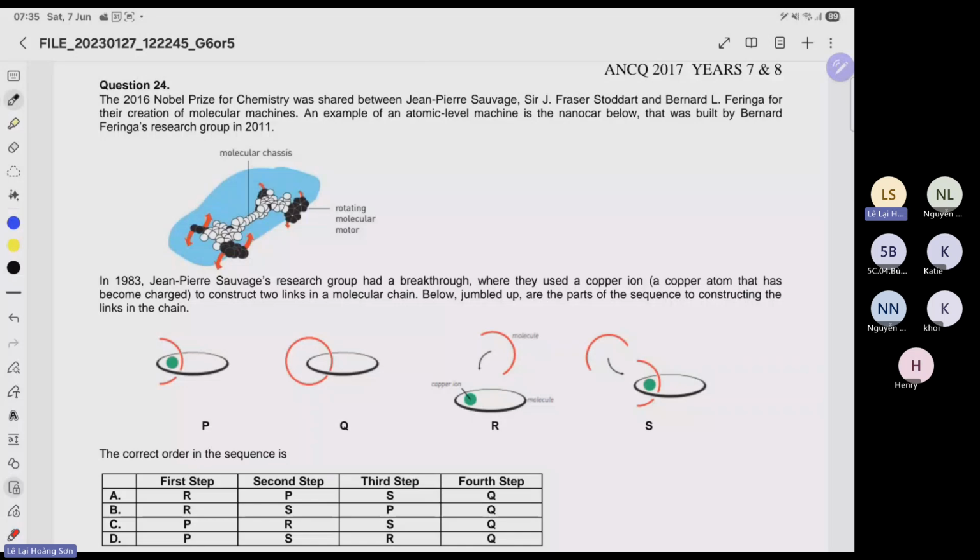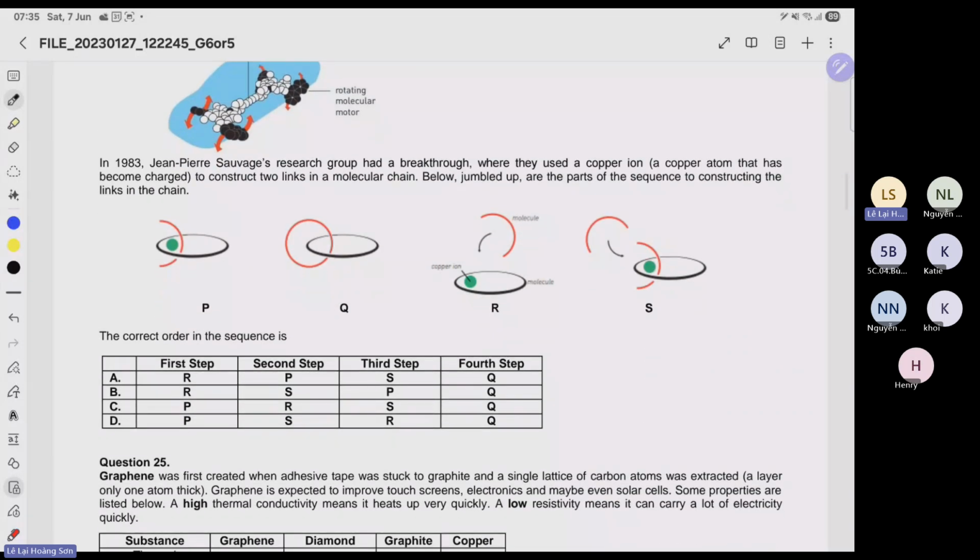Which is the correct order of the steps? Let's read through it.